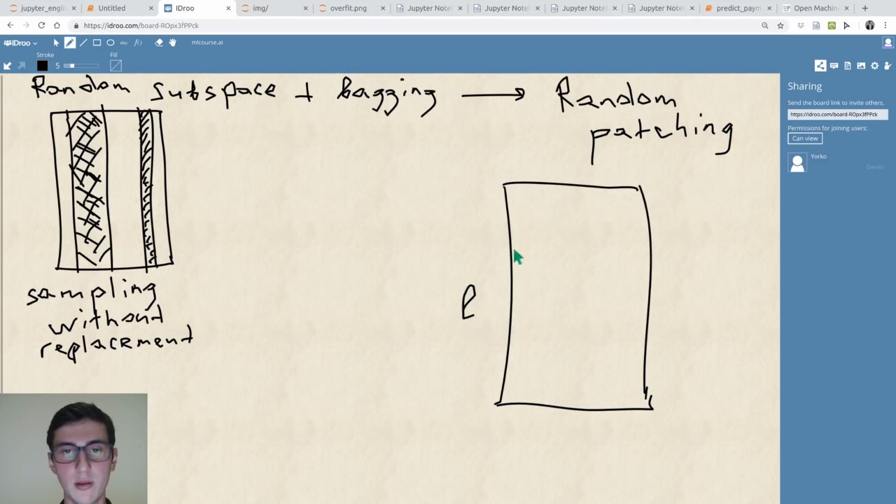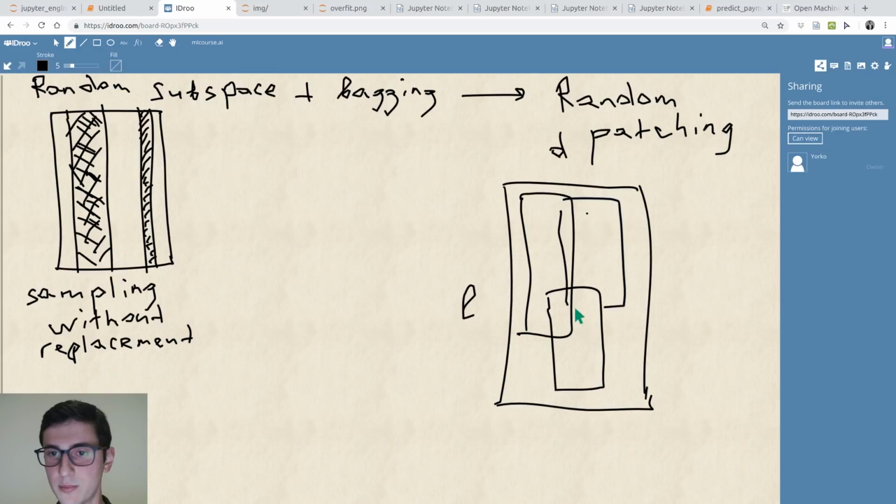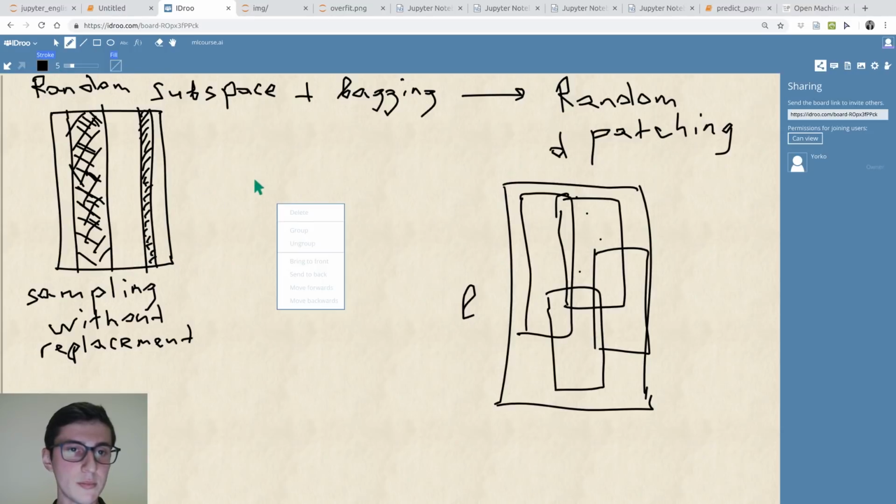So we've got L instances and D features, and at each iteration we'll just take different submatrices, or we can call them patches. Okay, one patch, they can overlay, no problem. So just taking different submatrices, here we generate different subsets, and then we'll train the very same model on every patch. So actually this is how we get random forest. So random forests are actually random patching with decision trees.